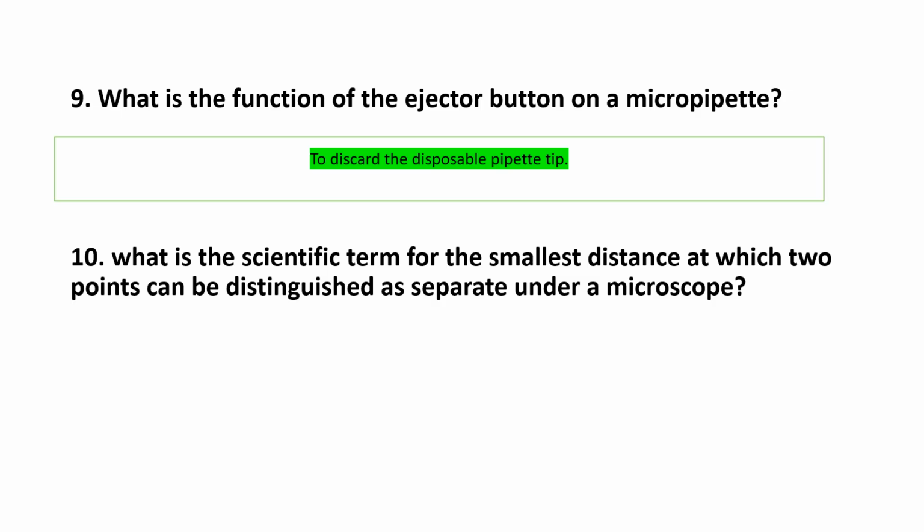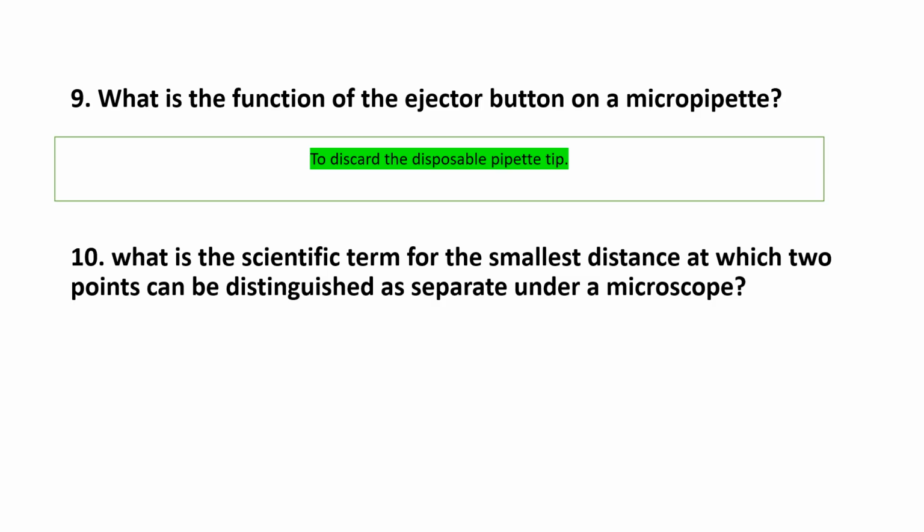Please follow through some of the content that we have under this section, and make sure that you also pay attention when we are discussing this laboratory equipment and glassware, because there are actually other diagrams that show a clear picture of a micropipette as laboratory equipment, right? So what is important right now is just to know that the function of the ejector button is to discard the disposable pipette tip.